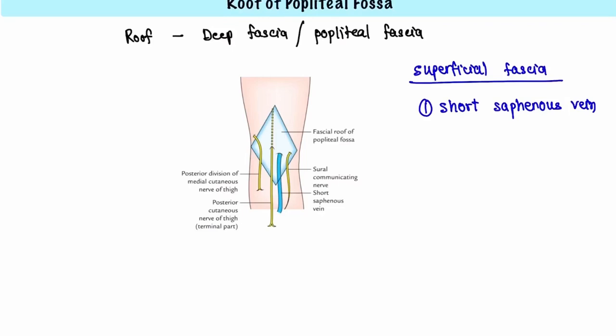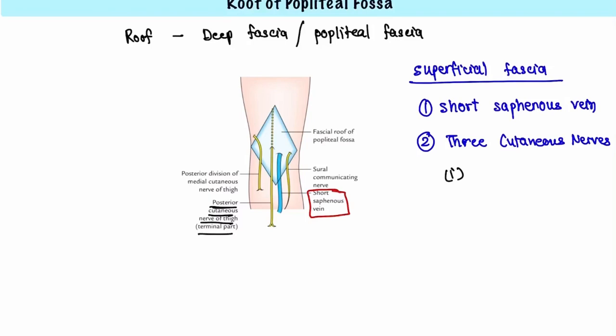As you can see here, this is the short saphenous vein. Second, there are 3 cutaneous nerves. First is terminal part of posterior cutaneous nerve of thigh. As you can see here, posterior cutaneous nerve of thigh and its terminal part.